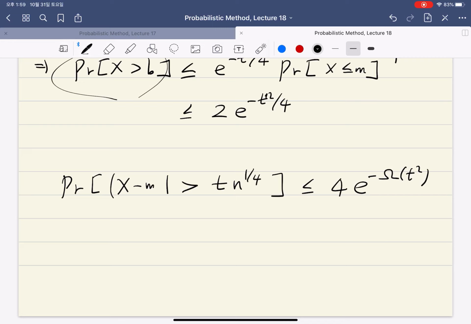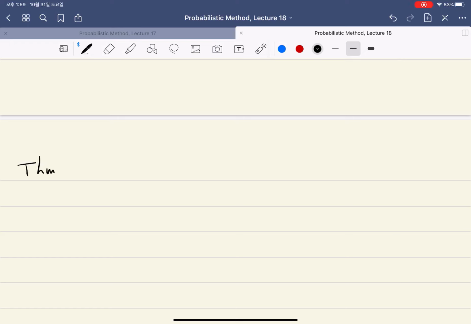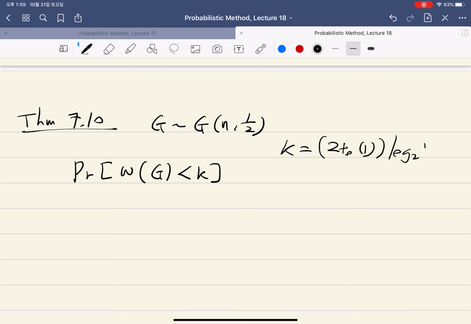So this is one application. Let's consider one more application, the clique number. Before, in theorem 7.10 in the lecture notes, we proved that if G is chosen from the distribution of the random graph G(n, 1/2), then the clique number K is roughly 2 plus o(1) times log 2n.